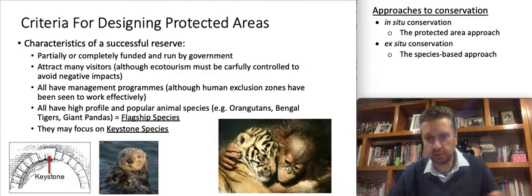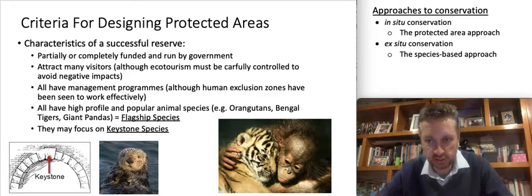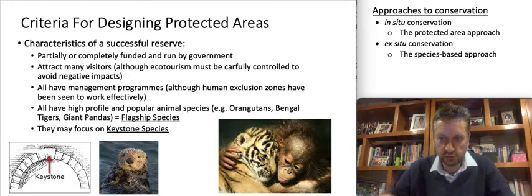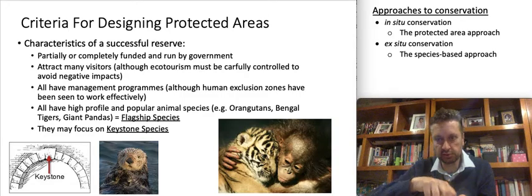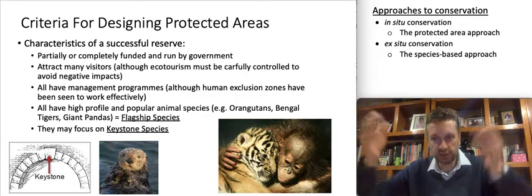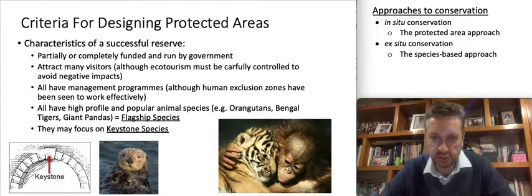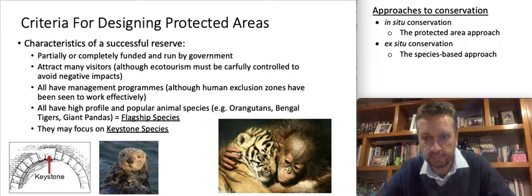When that happened, because they were a key predator, sea urchins moved into the kelp forests, munched away at the holdfasts, which hold these huge kelp plants or algae to the rocks, and they destroyed whole kelp forests very, very quickly.